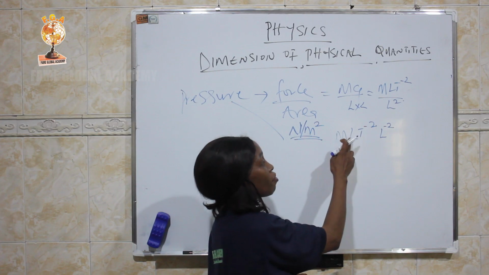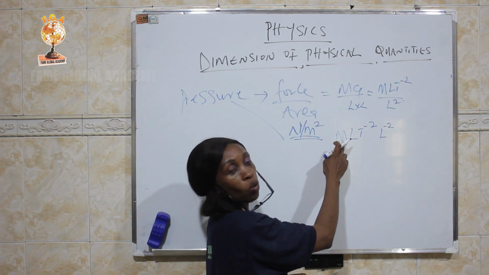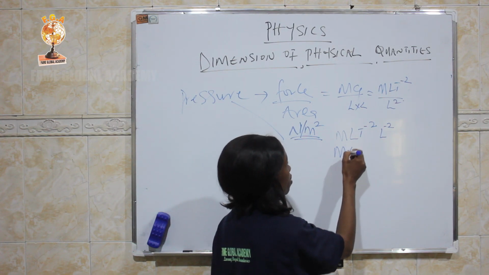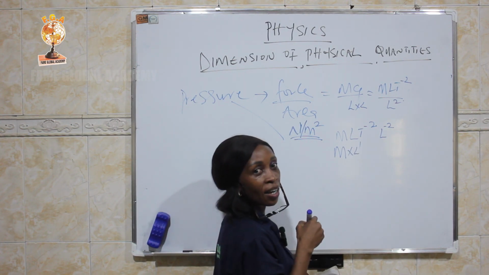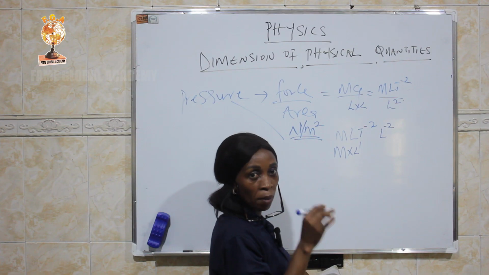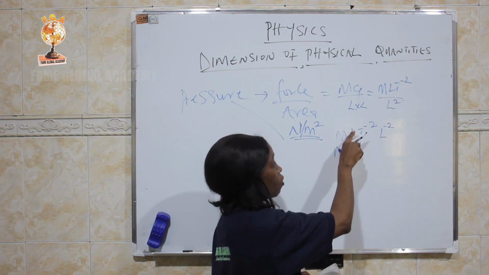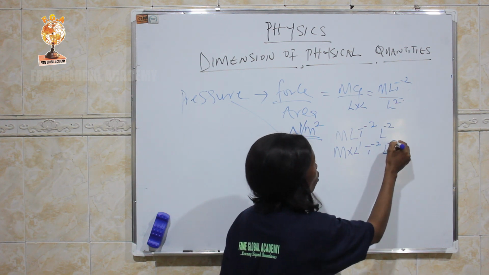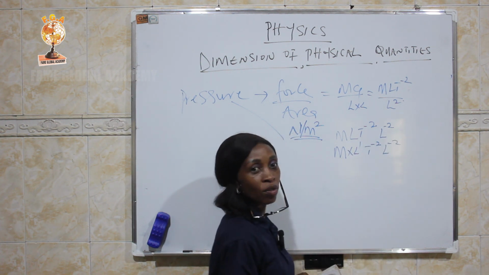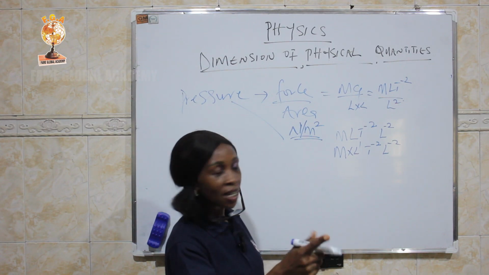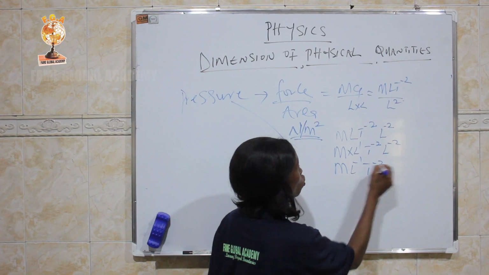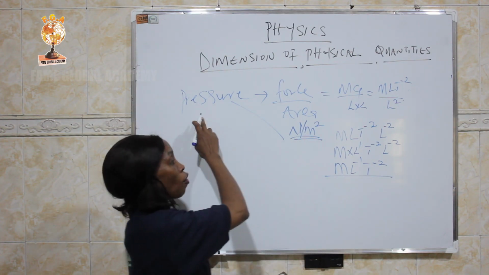Now we already have plus 1 here. This is now the same as M times L1, T minus 2, L minus 2, because 1 minus 2 becomes minus 1. So M L minus 1 T minus 2. This is now the dimension of pressure.